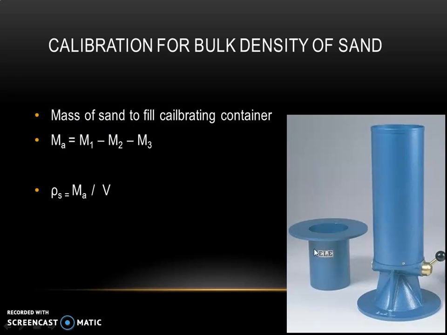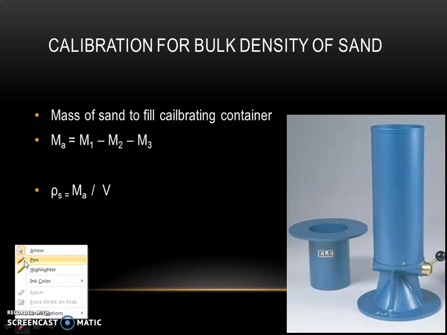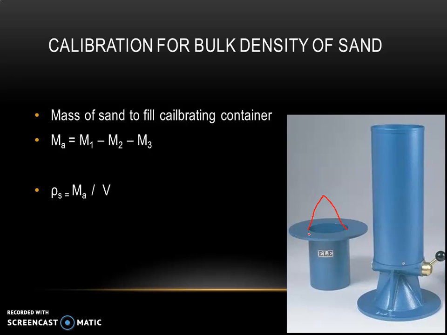Mass of sand to fill calibrating container is equal to MA, which can be found by using the equation. M1 is the total mass of sand plus the sand pouring cylinder before pouring, and M2 is mass of sand in this calibrating container and also the mass of sand which was in the form of conical shape, and M3 is only the mass of this conical heap which was formed over the container.